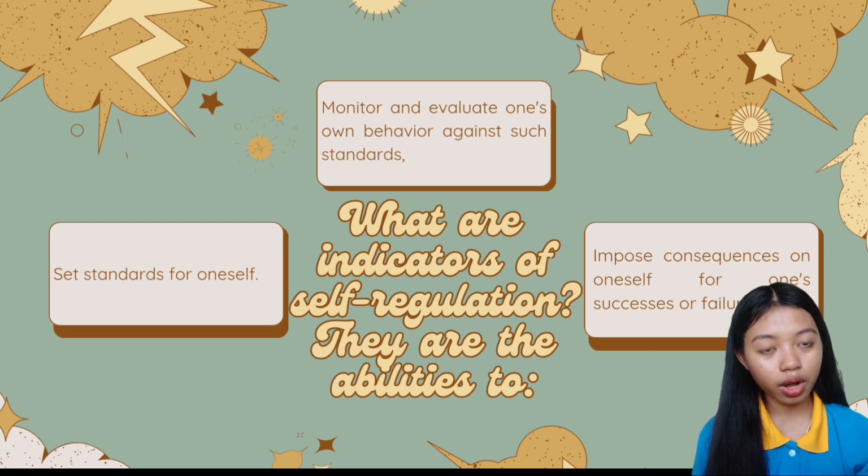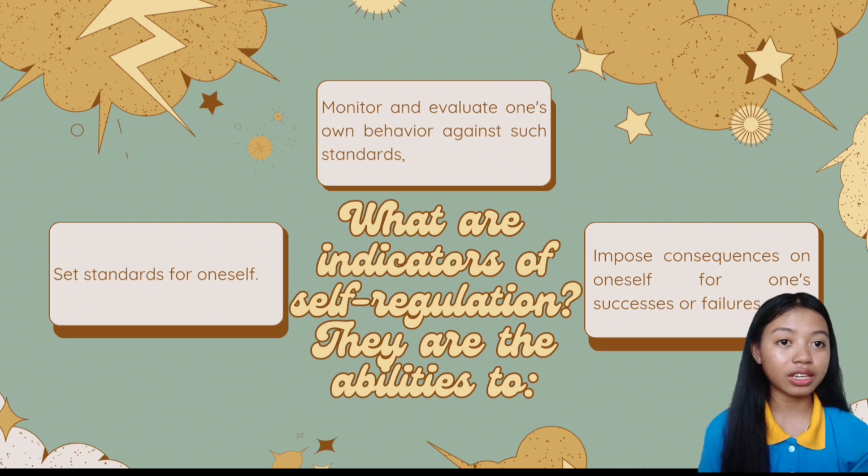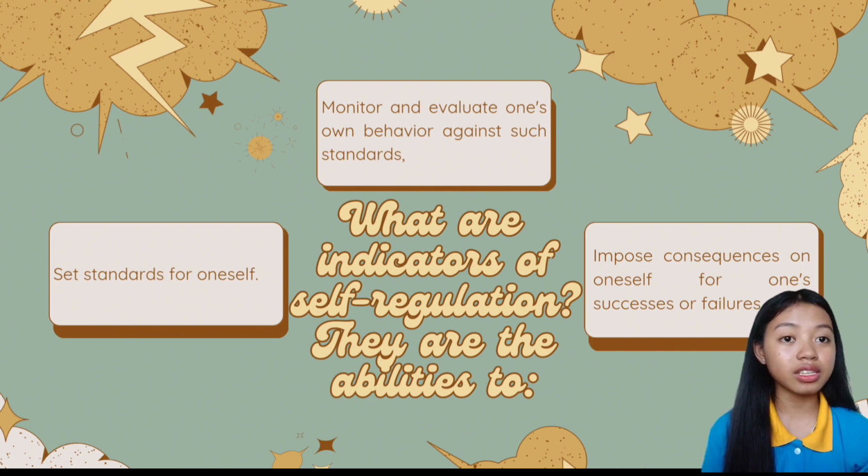And as for the third one, you're going to impose a consequence, whether it is effective or not. You're going to give yourself time to reflect whether the standards that you set for yourself were a success or a failure.